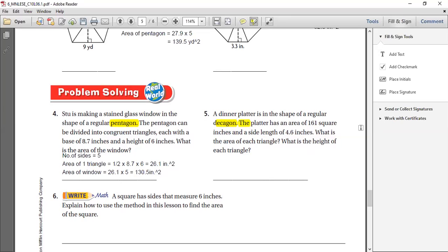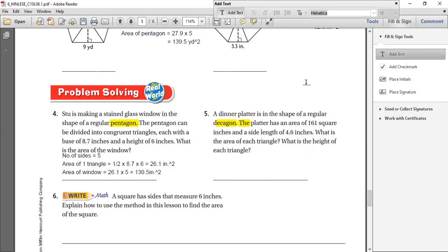So let's write down first. Decagon is 10 sides. Okay, so the platter has an area of 161 square inches. So the area of the decagon is 161 and a side length of 4.6 inches. What is the area of each triangle?